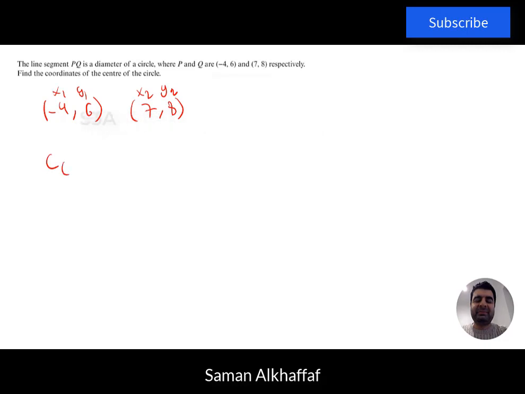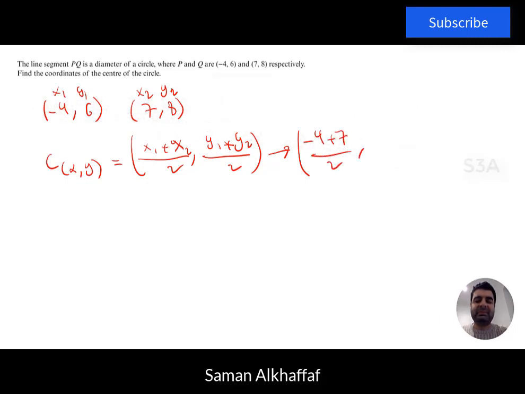And for us to find the points of the center, we have x1 plus x2 over 2, and y1 plus y2 over 2. So in this scenario we plug the values: minus 4 plus 7 over 2, and 6 plus 8 over 2.